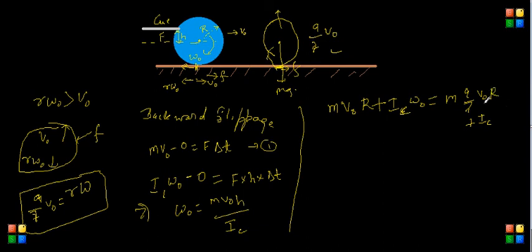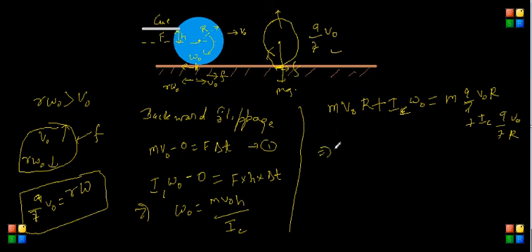Omega has also changed from omega naught to 9 by 7 v naught by r, because this is the case of pure rolling.